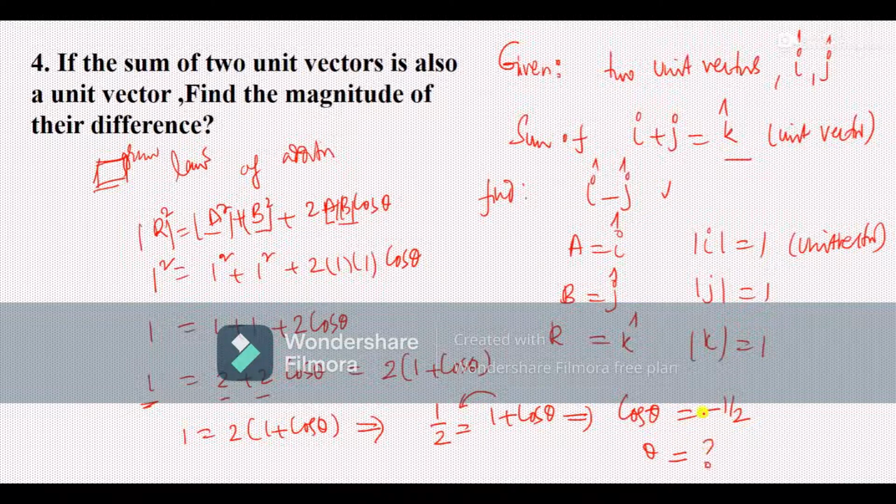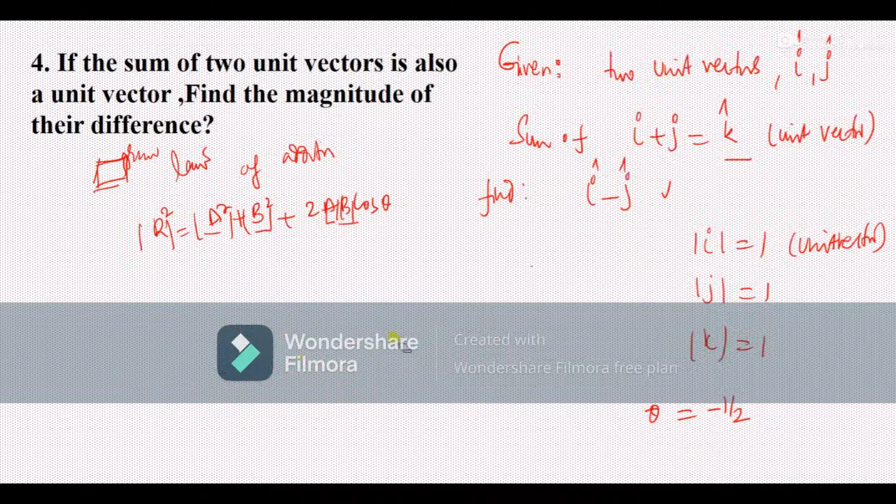We need to simplify this further, because we use this cos theta directly in the next equation for solving i minus j.